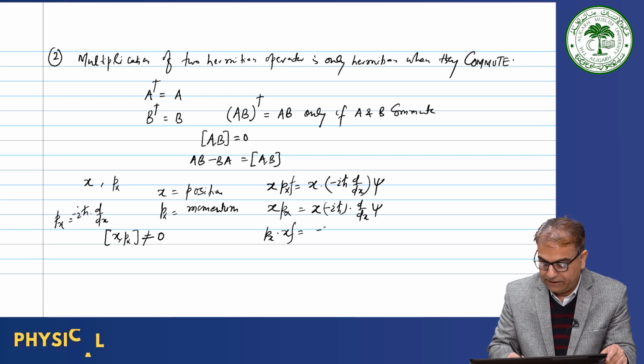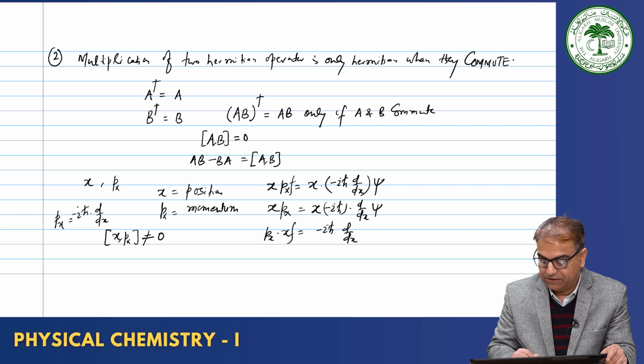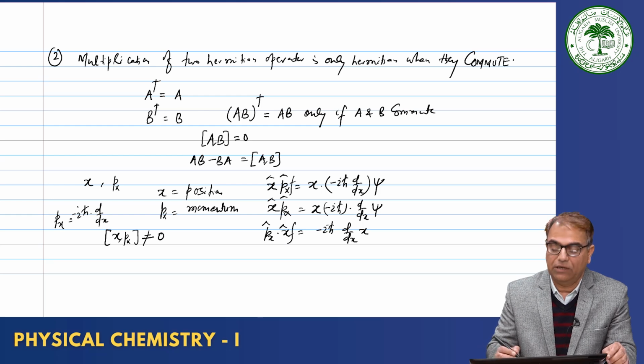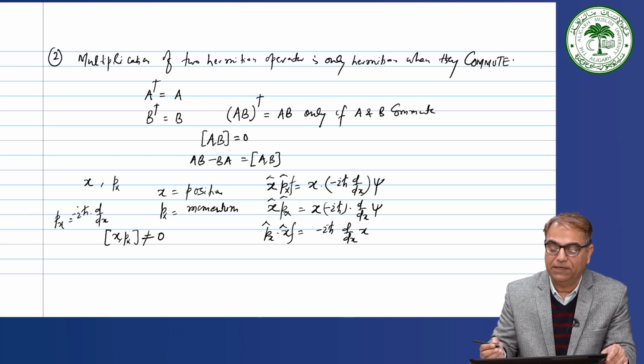So it will be minus i h cross d/dx acting on the function x psi. Let me give an operator symbol so that you do not get confused. The operator x is simply multiplication by x.